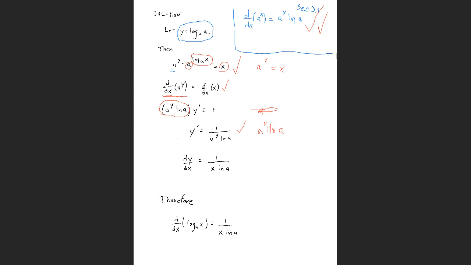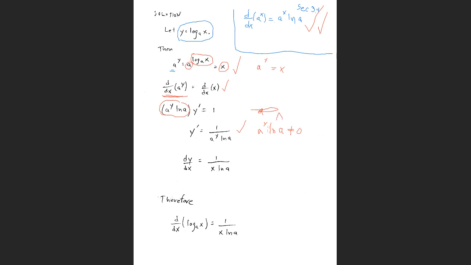I'm just looking in the book to see if they do anything about that. They don't really address it, but let's just say that this is not going to be equal to 0.